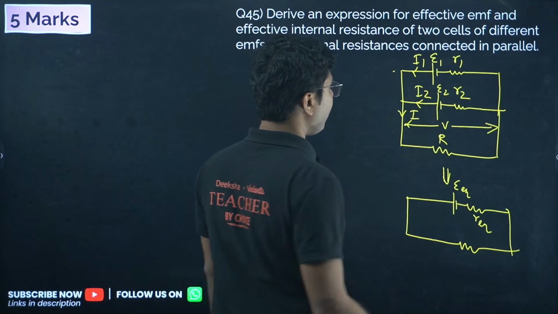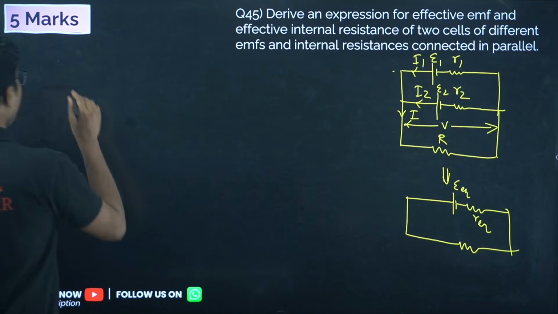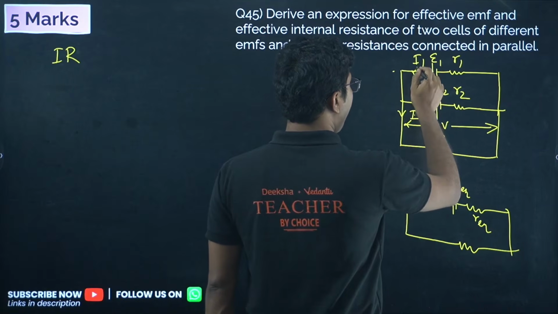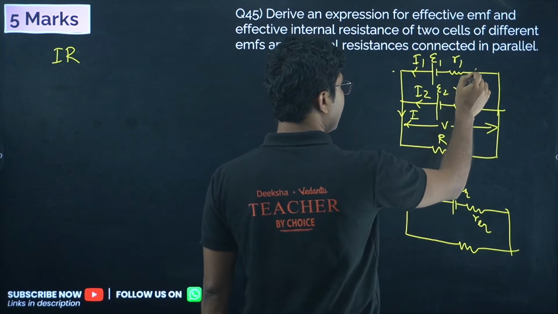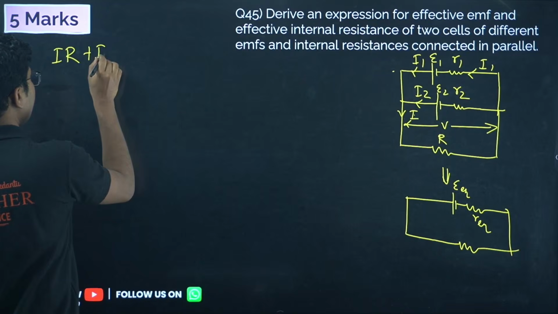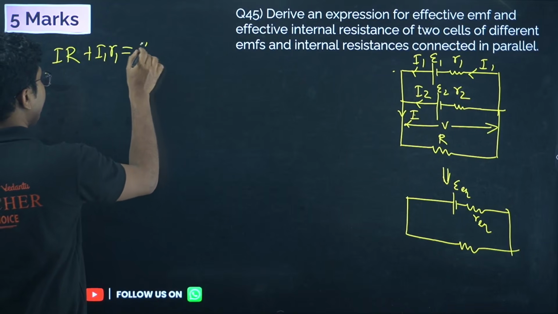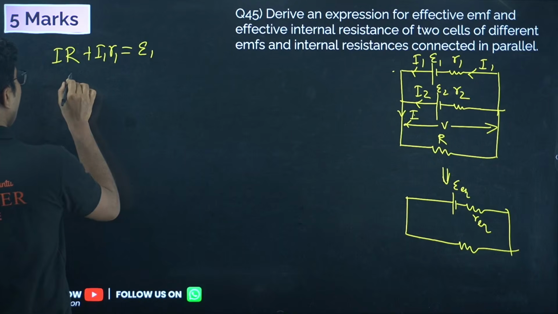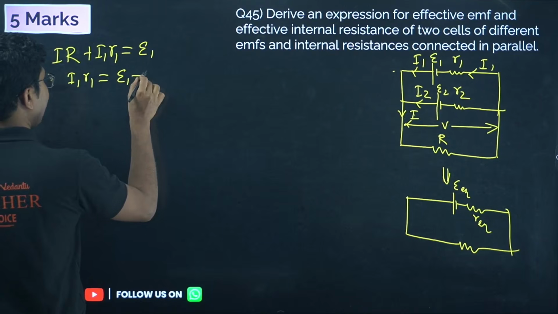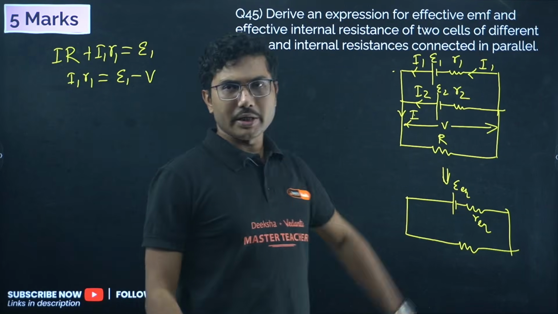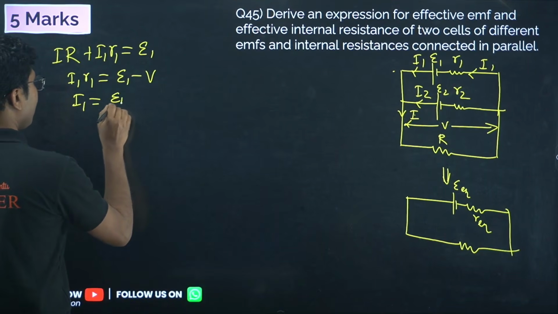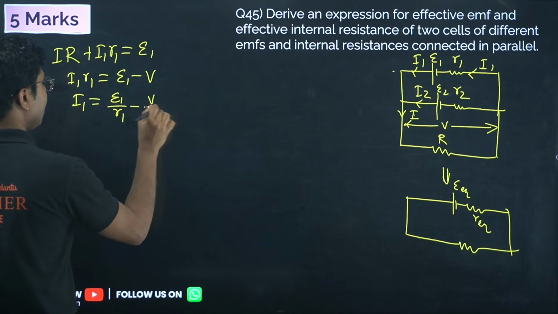We get I into R, which is always the same, and going in this direction, the current coming back is also I1, so plus I1 r1 equals epsilon 1, or I1 r1 equals epsilon 1 minus V. This is the voltage V. So from here we can write I1 equals epsilon 1 by r1 minus V by r1.